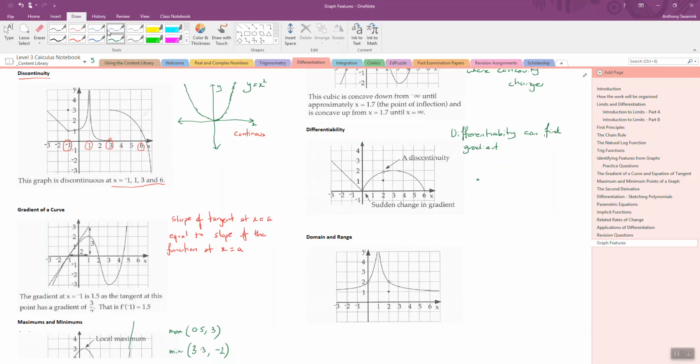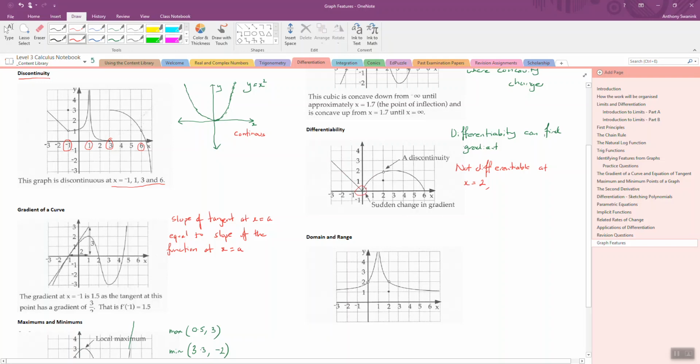So we can say this particular function is not differentiable at x equals 2. But there's also another point, and it's this one which is highlighted here. Around this point here, you might notice that the gradient is a steady negative, suddenly changes to a positive value.